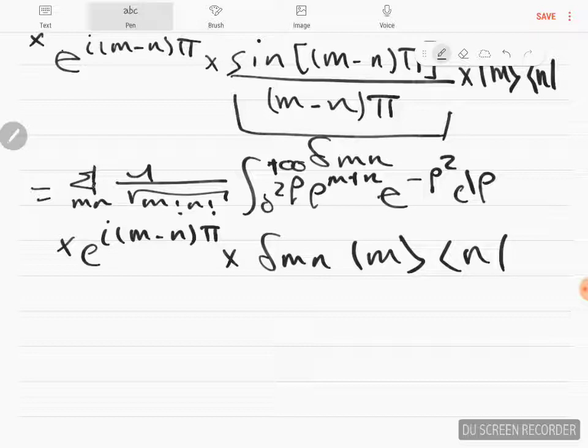Now if we implement this delta on the summation, we are left with just the summation over one of the indices.